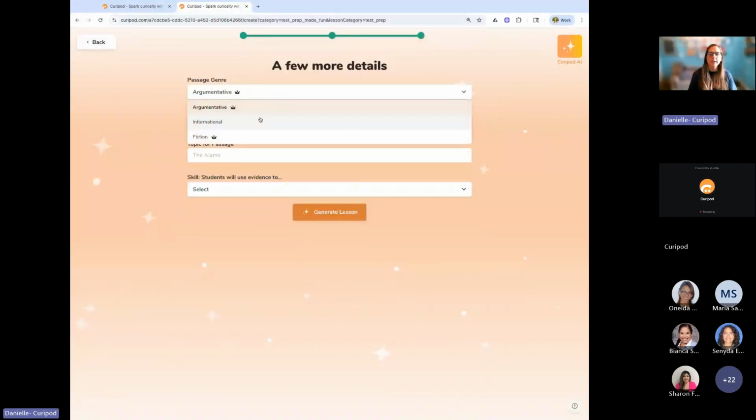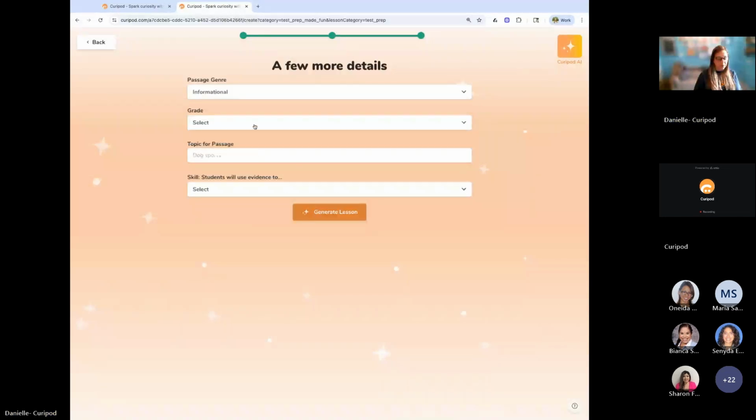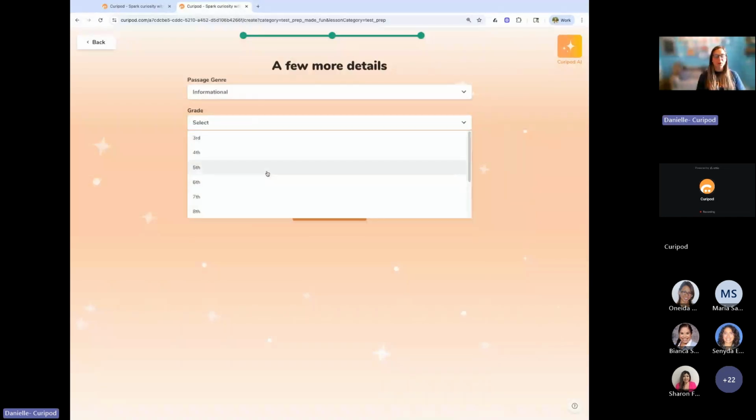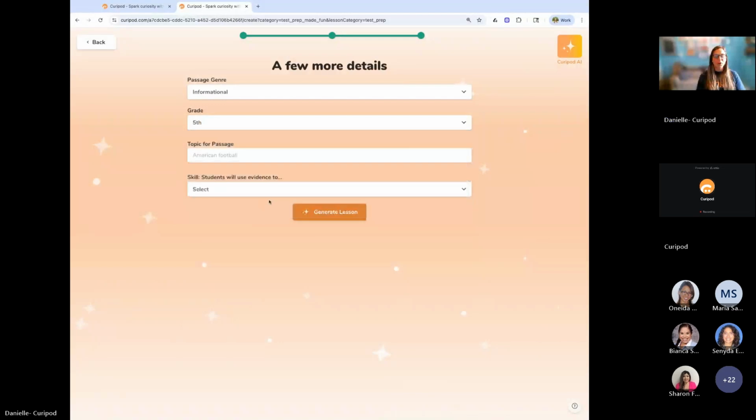So here, I'm going to go informational, just because that's the free portion. I'm going to select a grade level here. I'm just going to do 5th grade, and we can create on any topic. Why I love utilizing this is because now I can create a passage about anything, and it really draws your students in.